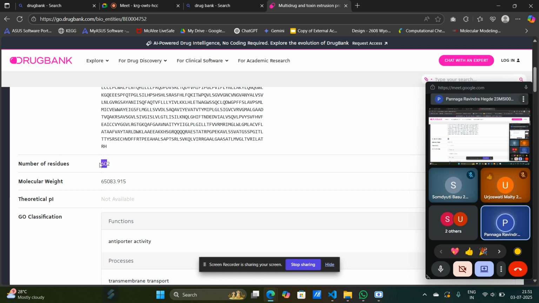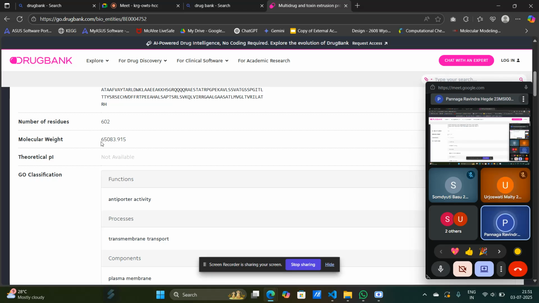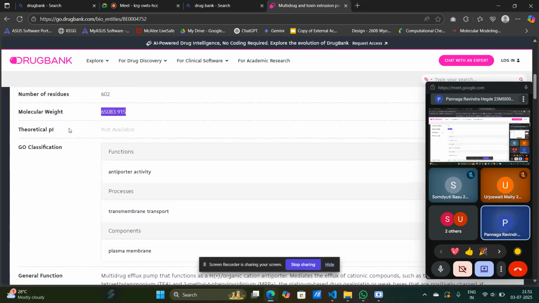Then you have how many residues are present in this protein, and then the molecular weight of the protein. And then again, what is this theoretical PI? I think this is something you will learn even in biochemistry. Anyone completed biochemistry? No. Yeah, MSc people, let me know what is this theoretical PI.